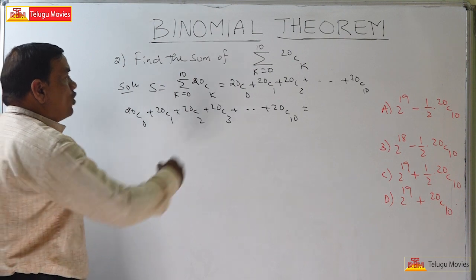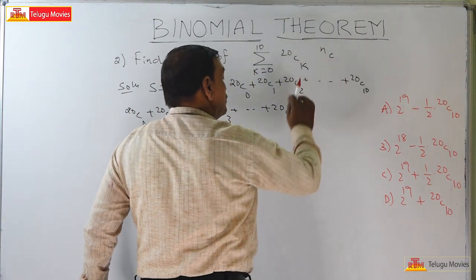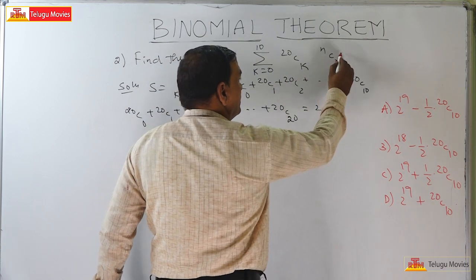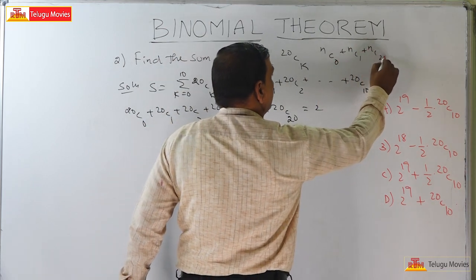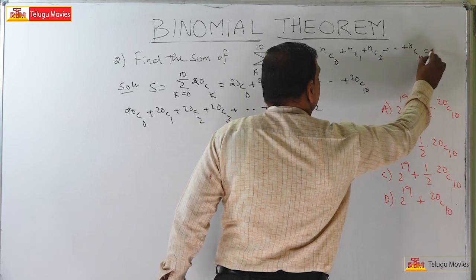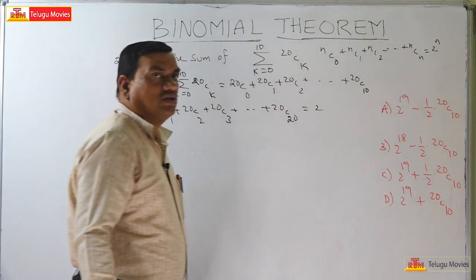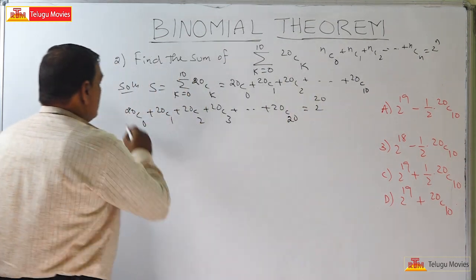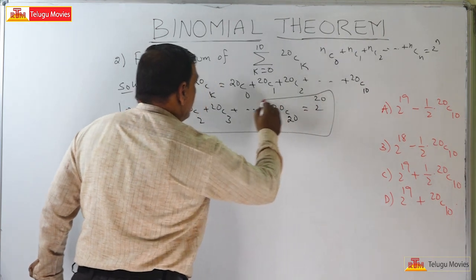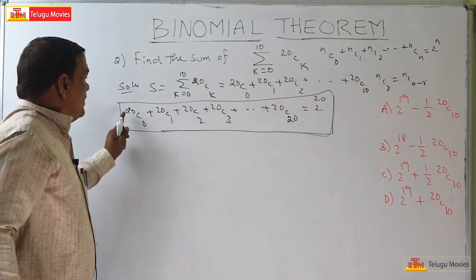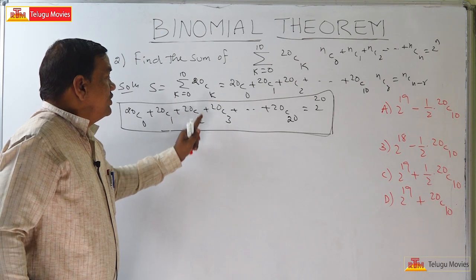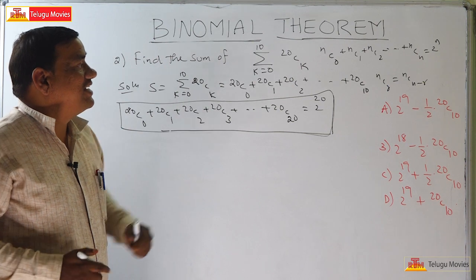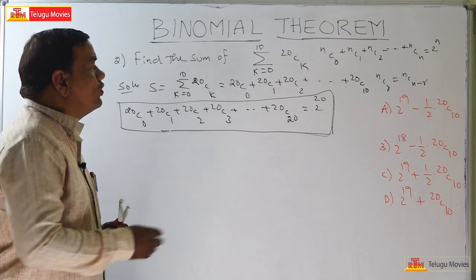We know that nC0 plus nC1 plus nC2 plus so on nCn is equal to 2 to the power of n, the sum of all the binomial coefficients. Here it is 2 to the power of 20. We know that this is the result.